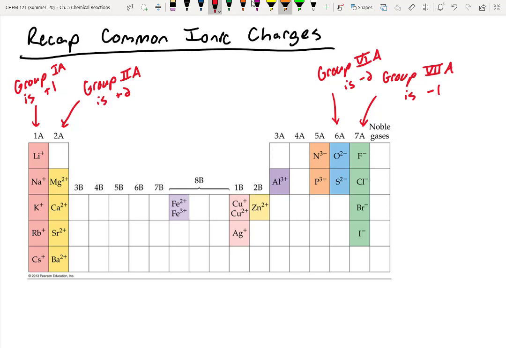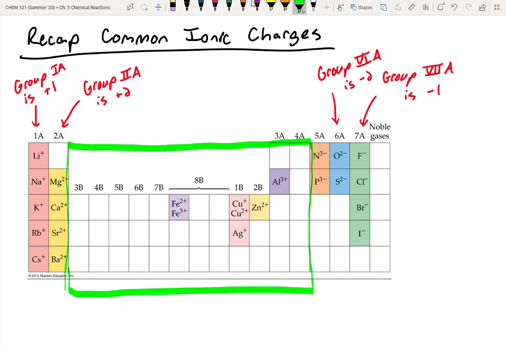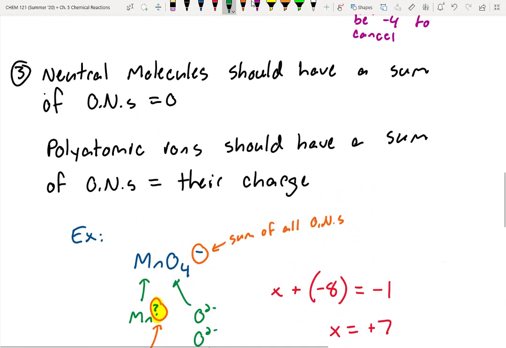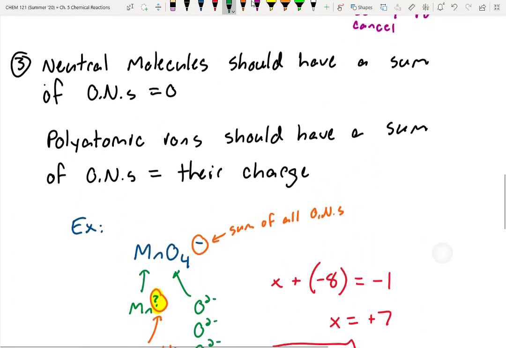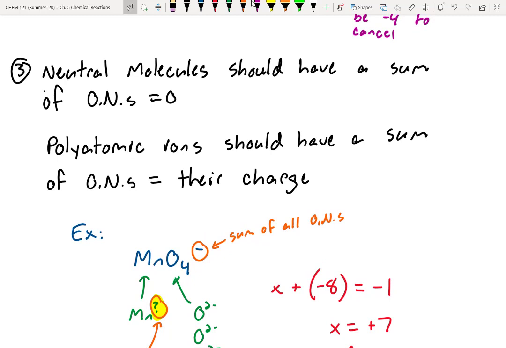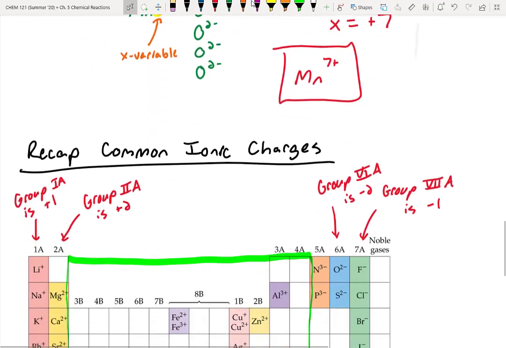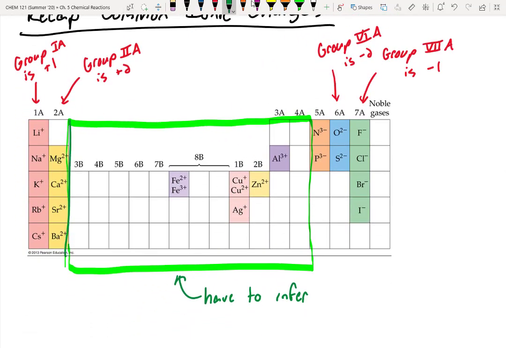However, like I said, basically everything in the middle from here to here, we have to infer. So we'll just say have to infer. It's a little bit less reliable. But like I said, if you follow the rules kind of as outlined for number 3, you should be able to use this inference to determine the oxidation number for any questionable elements that reside within this middle portion of your periodic table.